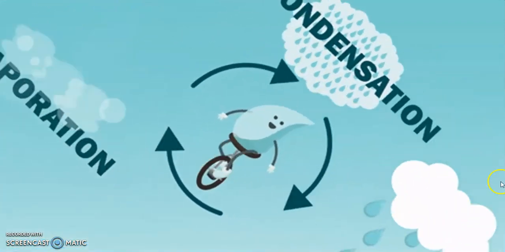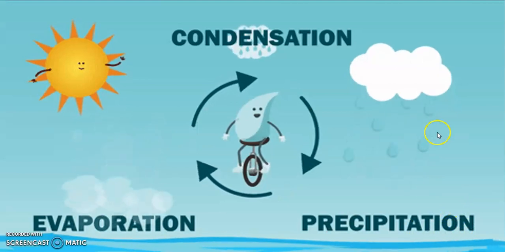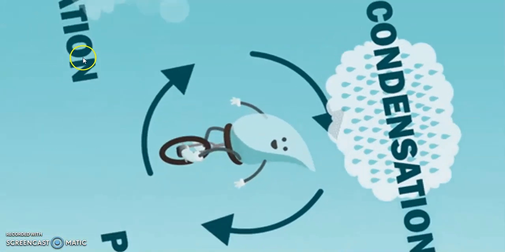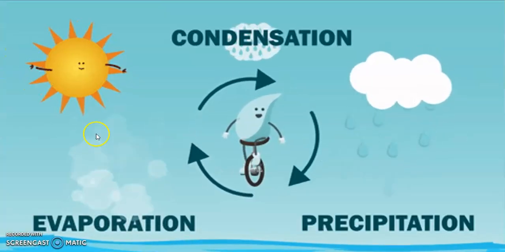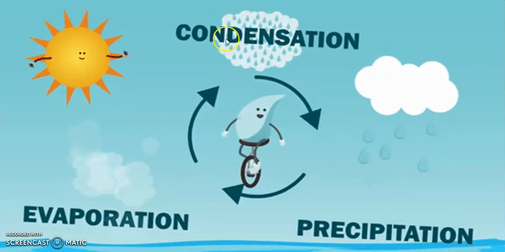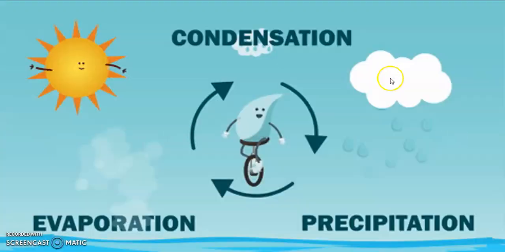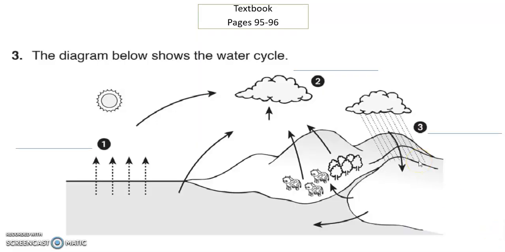Evaporation, condensation, and precipitation, rain. Okay, this one is evaporation, formation of clouds, condensation. Number 3 is precipitation. So, I hope you understand our topic for today.